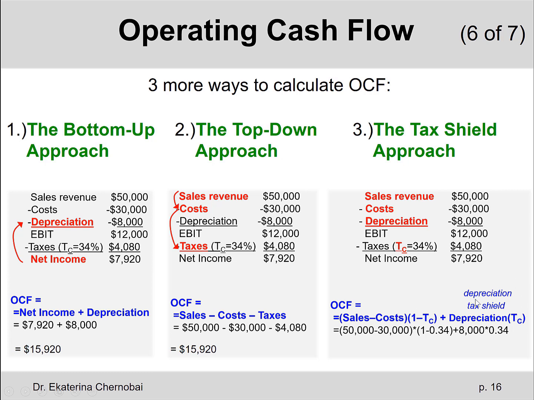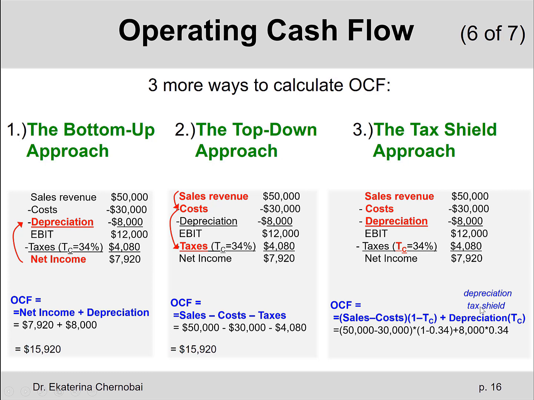So depreciation tax shield means how much we're saving in taxes by being allowed to treat depreciation as an expense, right? When we are including depreciation as an expense, it lowers our taxable income, and so we are able to gain by paying less in taxes.